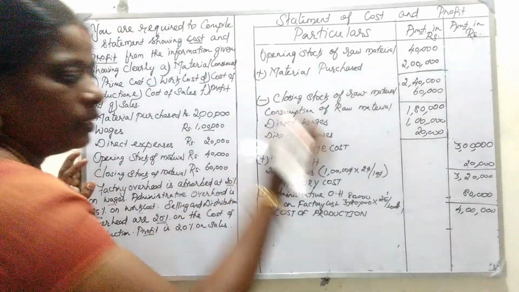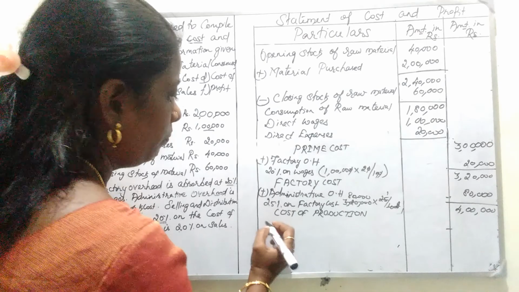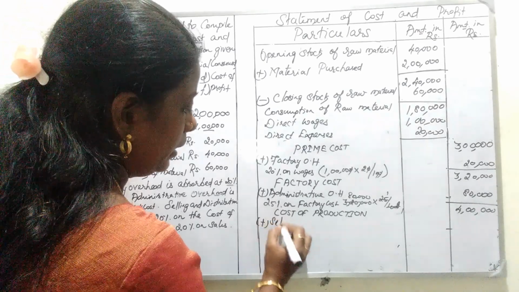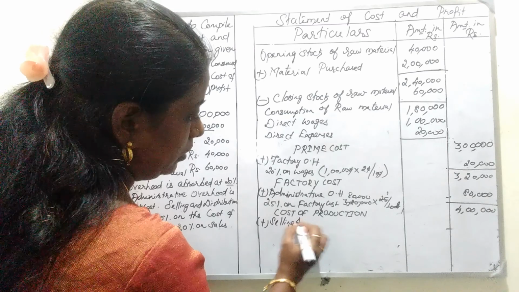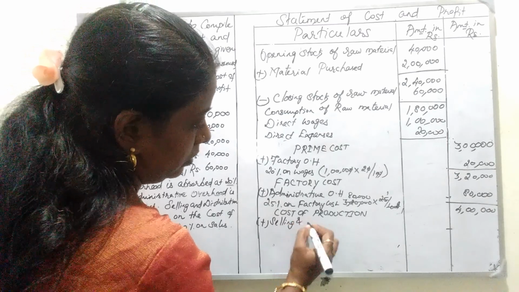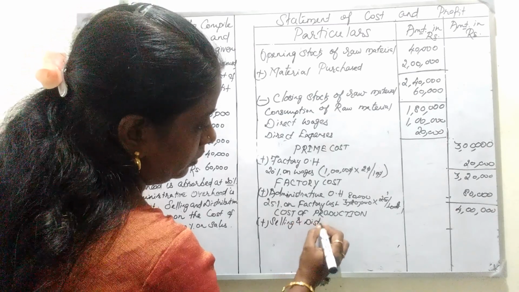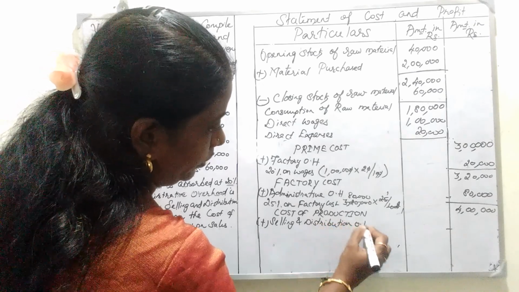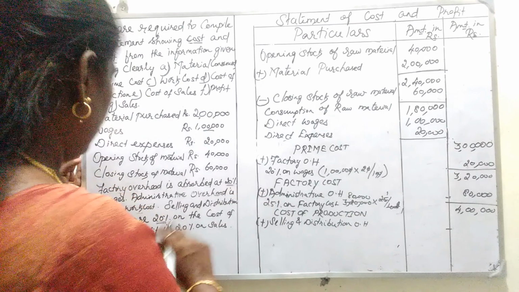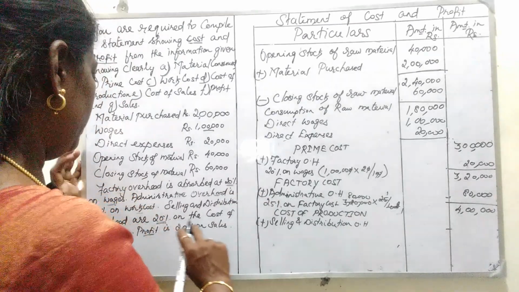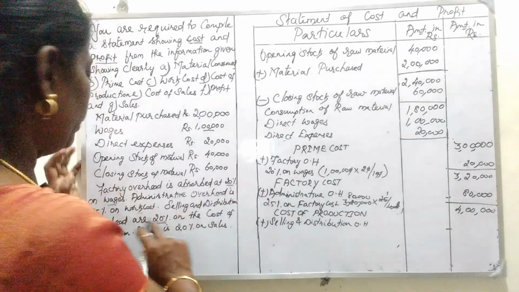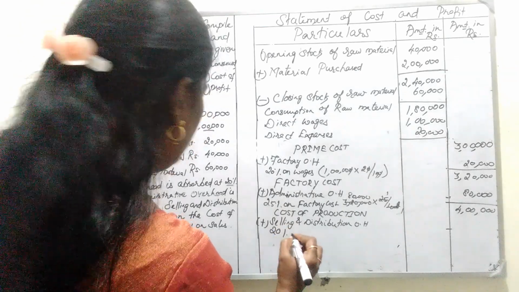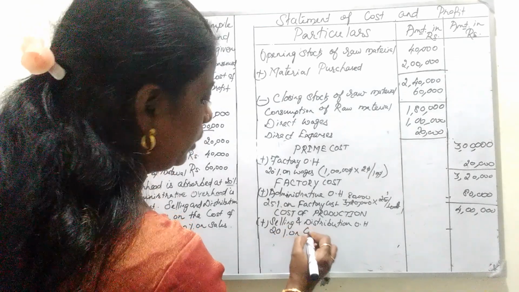Okay. Then we have to add the selling and distribution overhead. Selling and distribution overhead is 20% on cost of production.